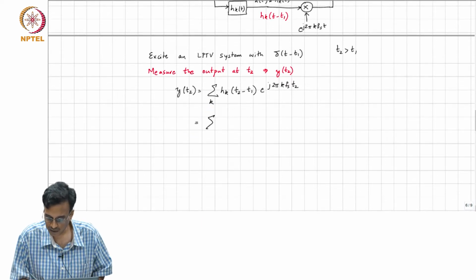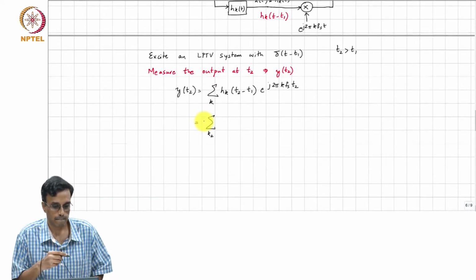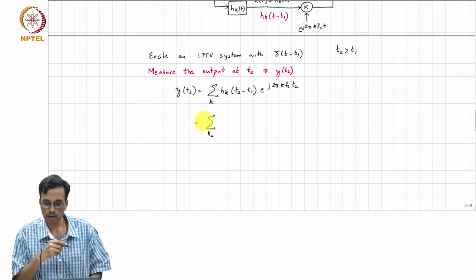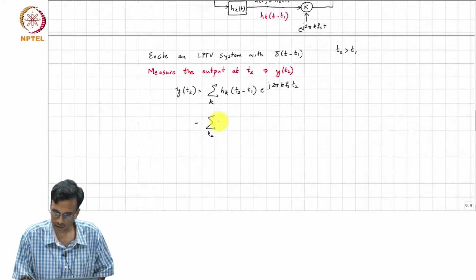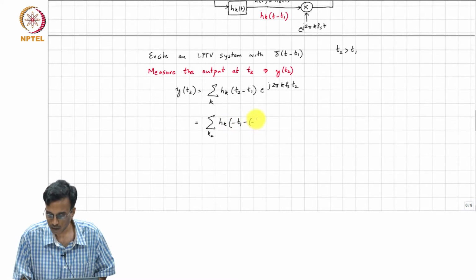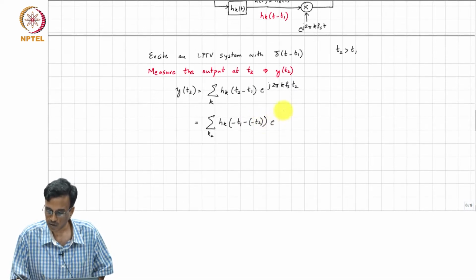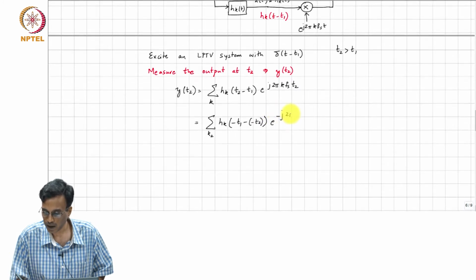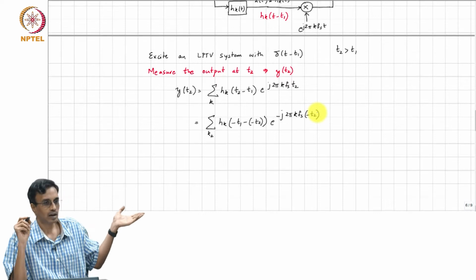I can think of this same expression as h sub k of minus t1 minus t2, times e to the minus j 2 pi k f s times minus t2, correct. I mean, numerically these two are equal.